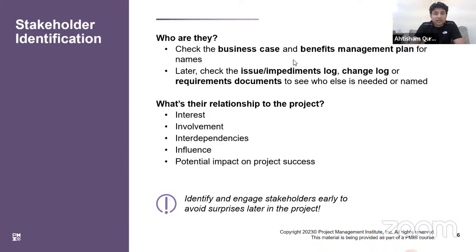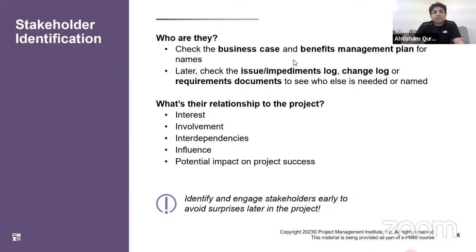So now the bigger question is who are your stakeholders? And most important is identifying them early on in the project so that you should not get surprises later on, that somebody you could not identify in the beginning comes at the end of the project with some requirements when you don't have time to deliver those.